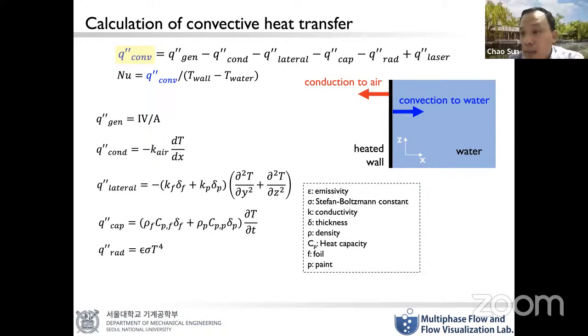As time goes on, we can measure the time variation at all the points on the heated wall. Yes, but that's the local temperature, right? But your heat flux may also change. Oh, we applied a constant heat flux. We controlled it. That's why we can define this Nusselt number. Yes. Okay. This is clear.